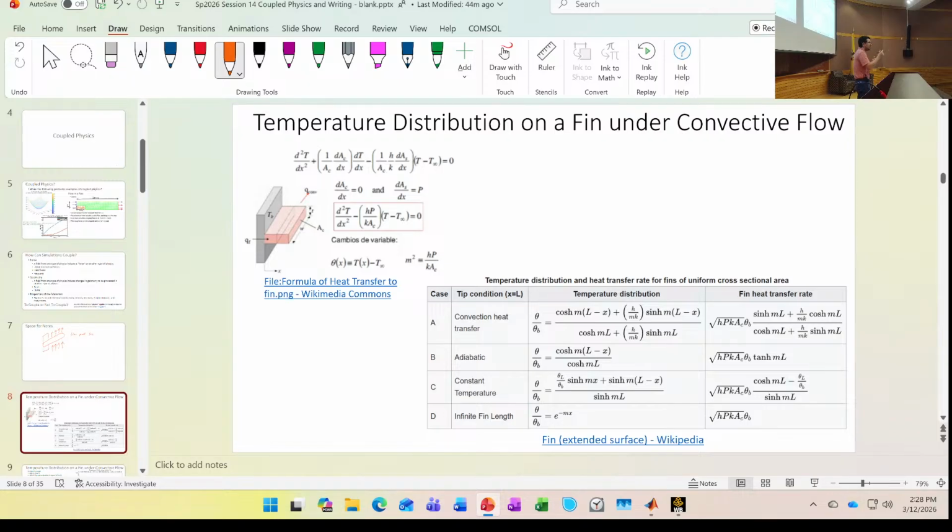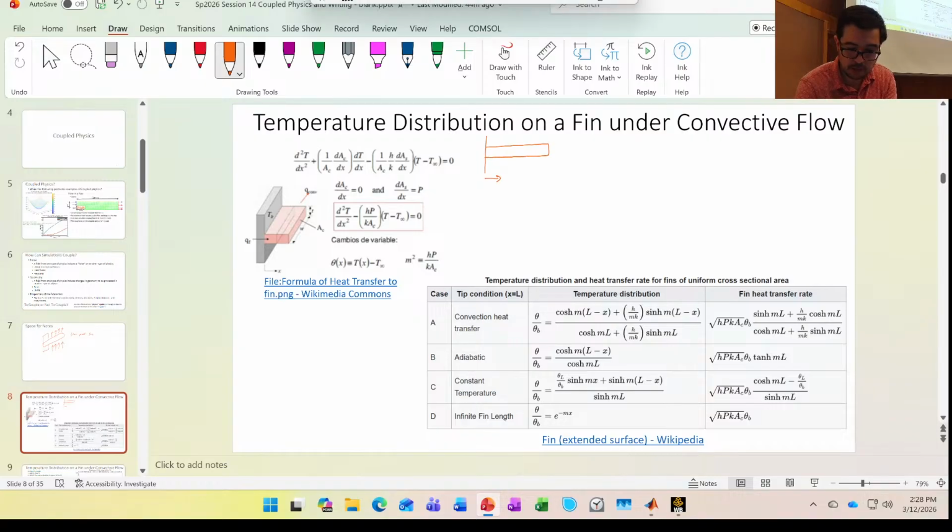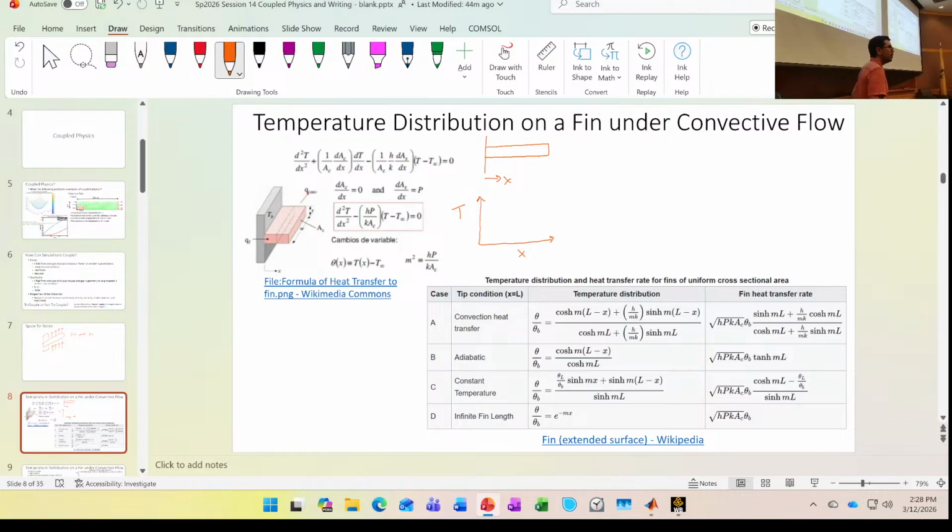We'll call this X, that's the fin, and then I'm looking at X and T. What do you think that profile should look like?